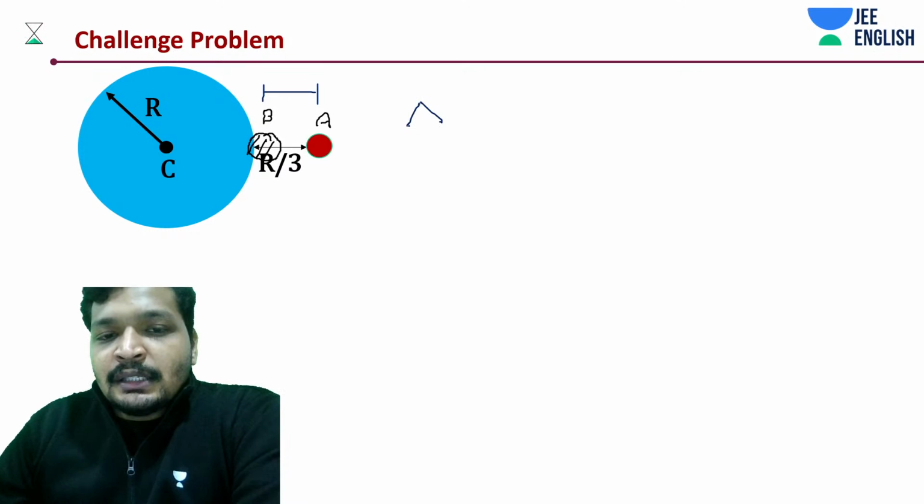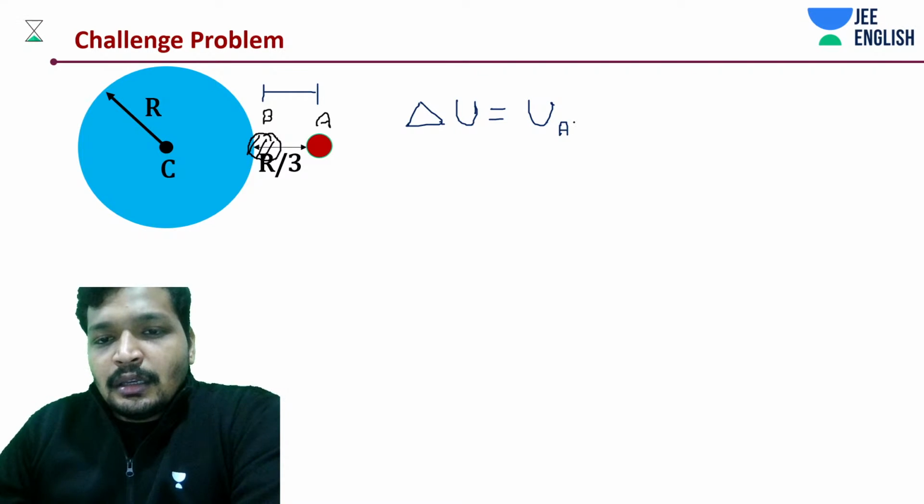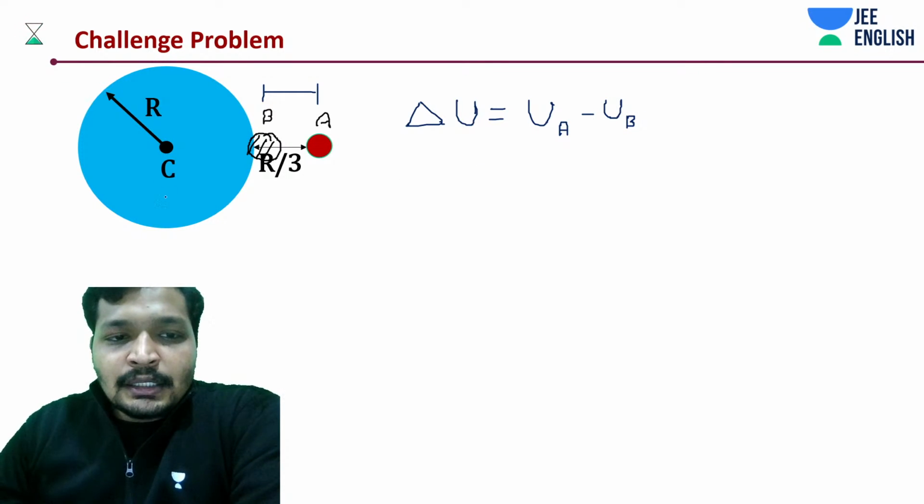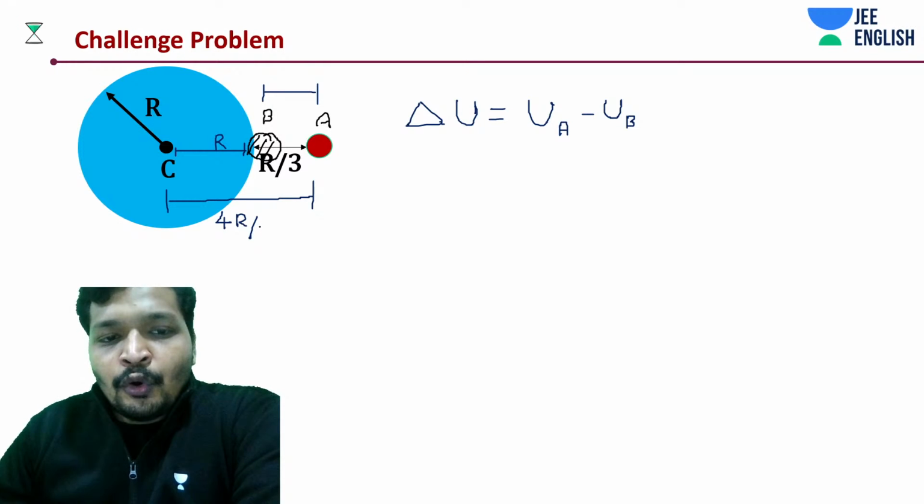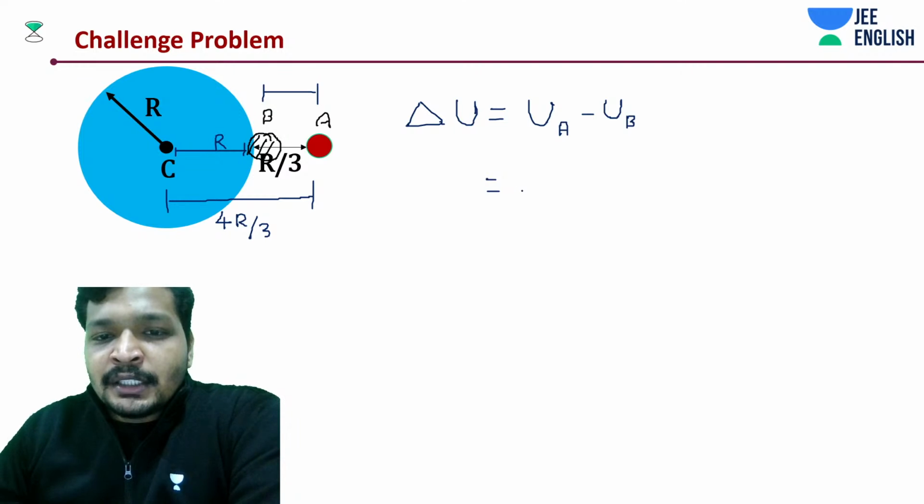The change in potential energy is going to be UA minus UB. UA is how much? From the center of the earth, this distance is r and this distance is r by 3, so it is going to be 4r by 3.